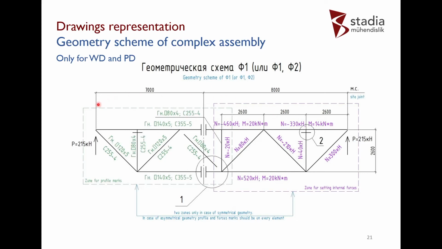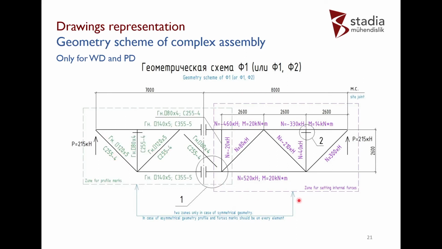If we have symmetrical geometry as here, except the side joint, so if we do not consider this side joint, then our geometry is totally symmetric. In this case, in half of this truss, we can write sections and materials for elements.